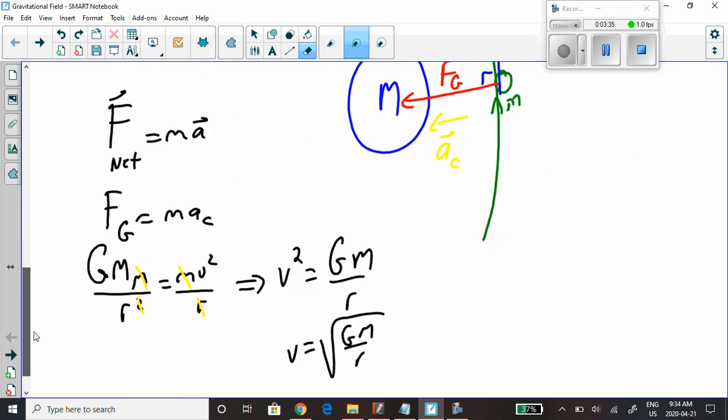We've solved things like, let's find out how fast this object is moving if it's in a stable orbit. So we went F net equals ma. We realized that the force of universal gravitation is the only force acting on little m, and that the acceleration is definitely centripetal. Then we equate the two equations and find how fast the object has to be moving so that it is in a constant, stable orbit.